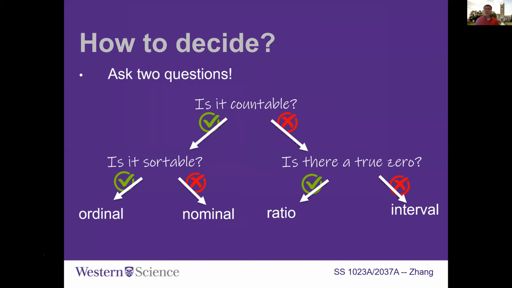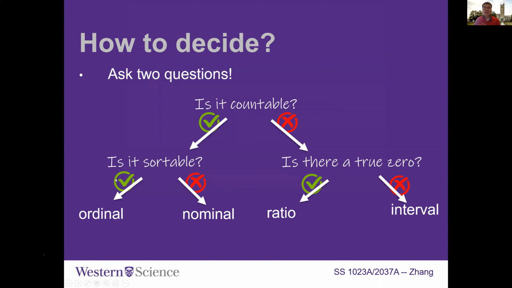So right now, you get a sense of the different types of data we have. Then how can you make the decision once I give you a data set? Basically, you just need to ask two questions. First of all, is it countable? If it is, then follow up with another question: is it sortable?